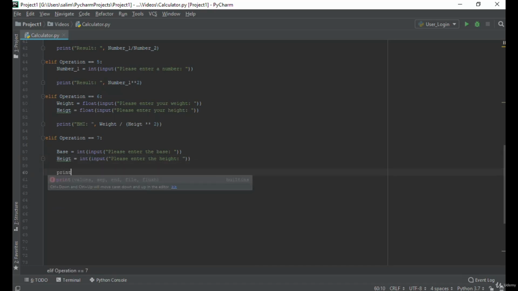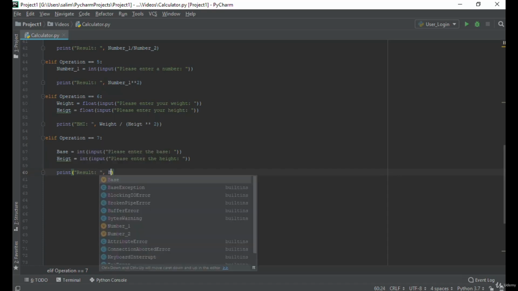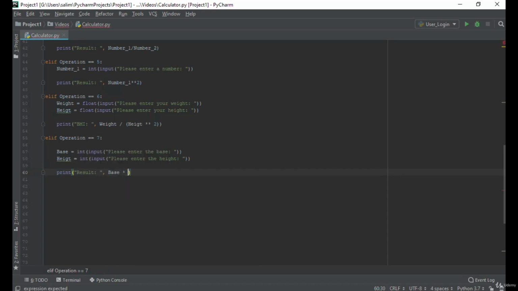And now we need to use the formula. Print base times height divided by 2.